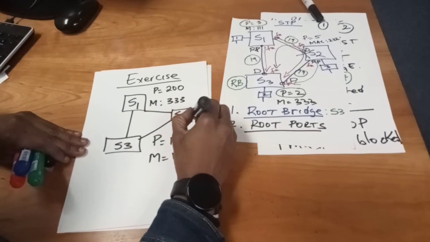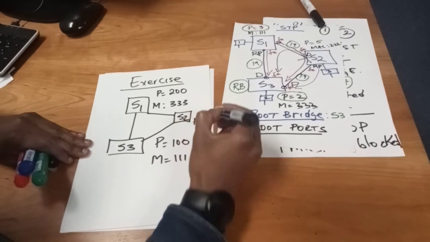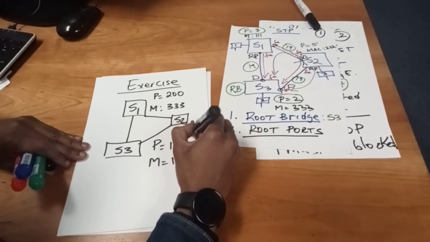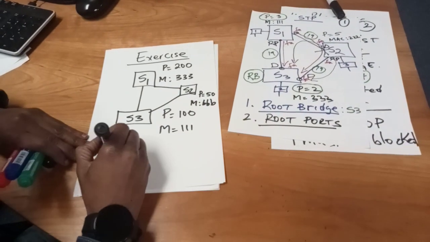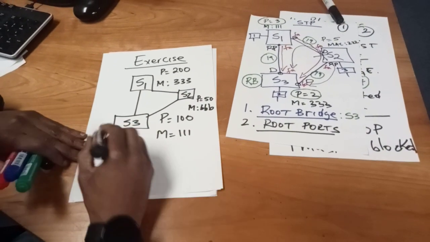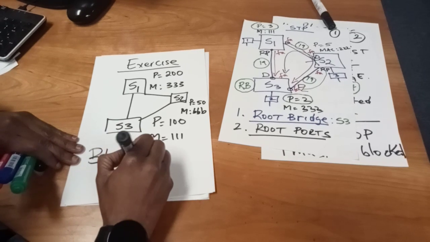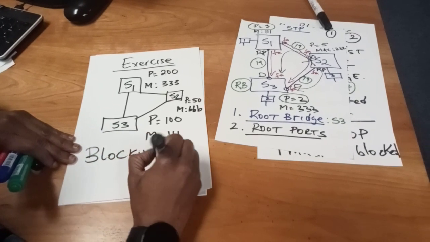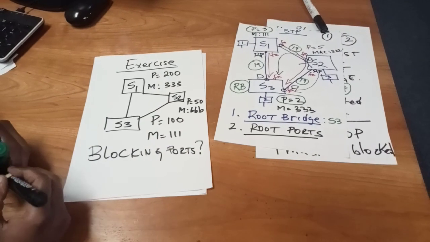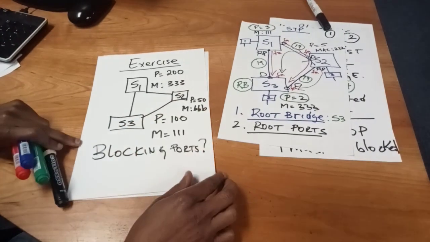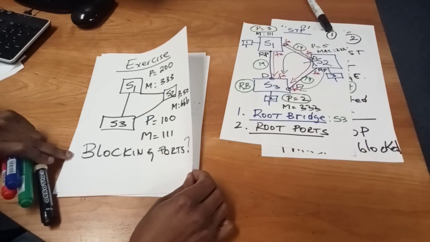Its priority is 50, MAC address BBB. Now you have to specify the blocking port. So this is exercise number 1.